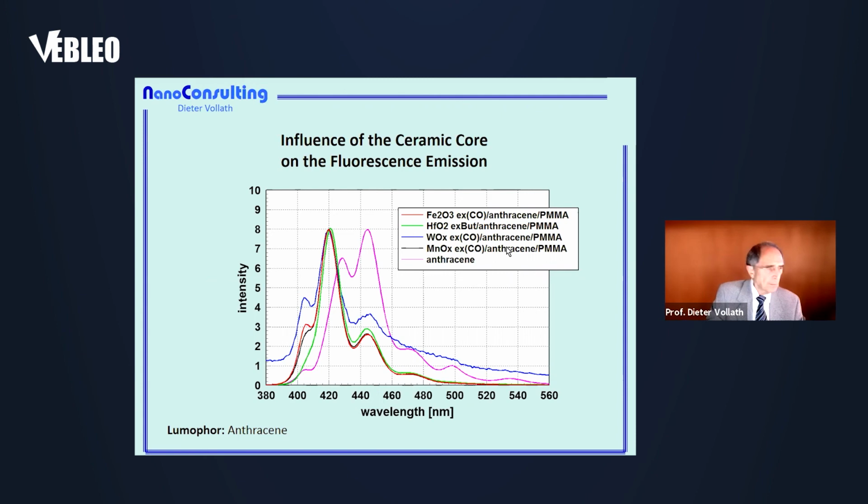One can make magnetic particles. One can also coat the particles with a lumophore. In this case, for example, we had cores of iron oxide, hafnium, tungsten oxide, manganese oxide, and we coated them with anthracene, a very famous lumophore, and then PMMA.